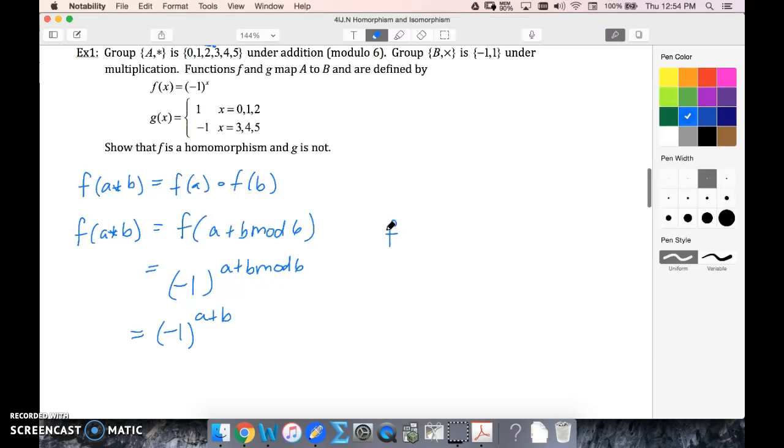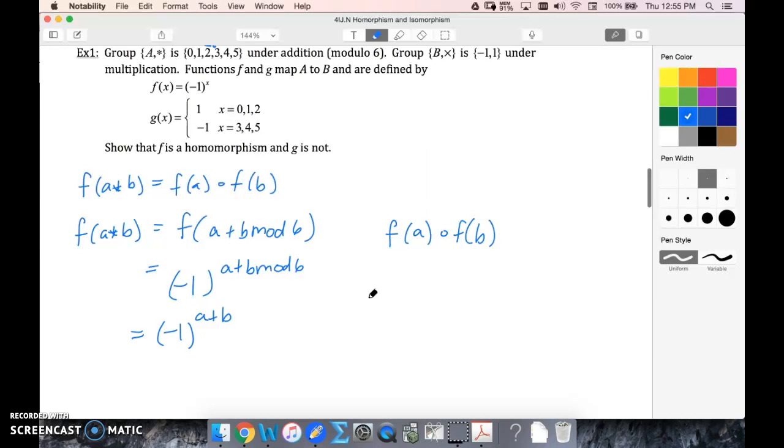Now let's look at F of A blob F of B, and of course here our blob is multiplication. So F of A, I'm going to take one of my values and put it in, and then I'm going to take another one of my values, and I've got my product multiplied.